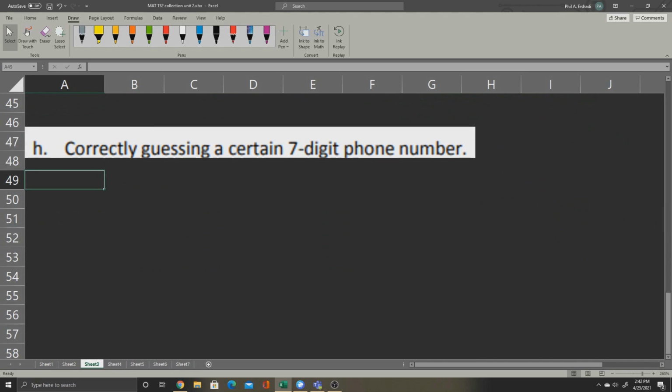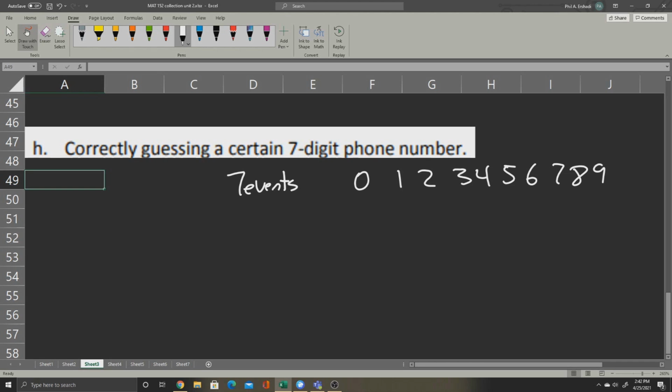Now, let's look at the probability of correctly guessing a 7-digit telephone number. Let's first list our possible numbers that we are allowed to use. Any number between 0 and 9 could be in your phone number. Now, since we have to press 7 buttons, we can say that there are 7 events.